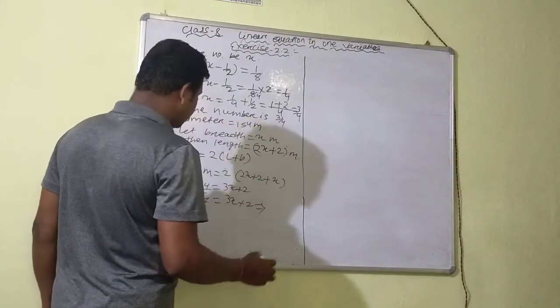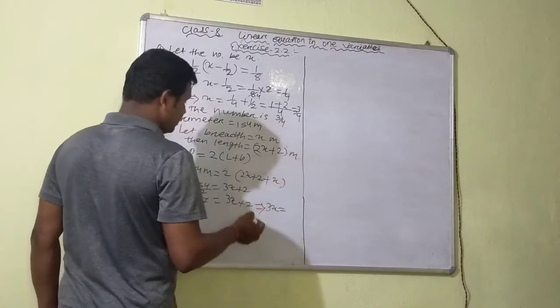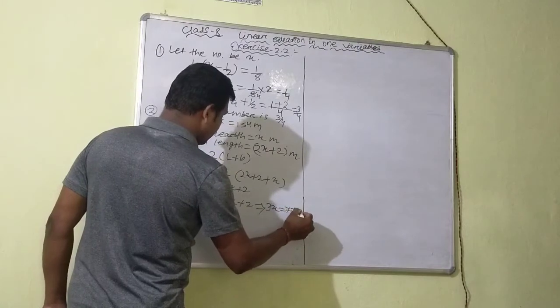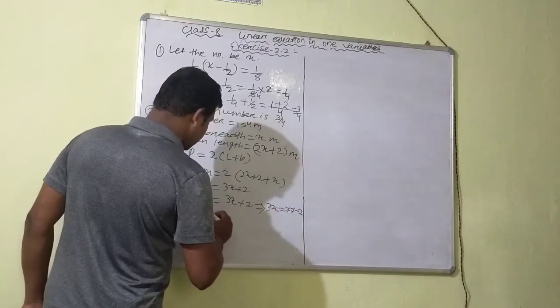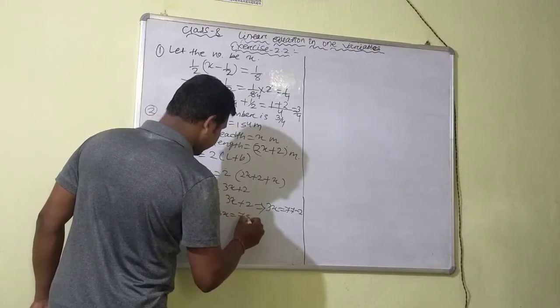So we'll write 3x on the left hand side, which is equal to 77 minus 2. Okay, we'll write 3x equal to 75.